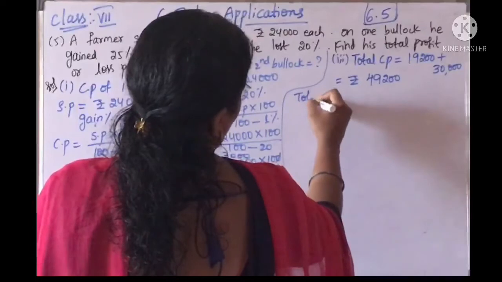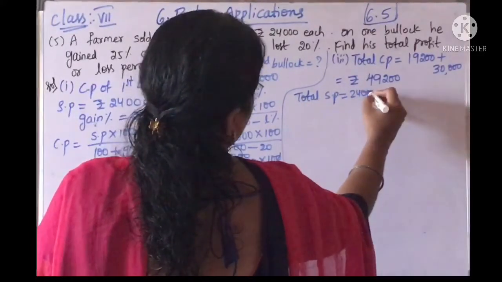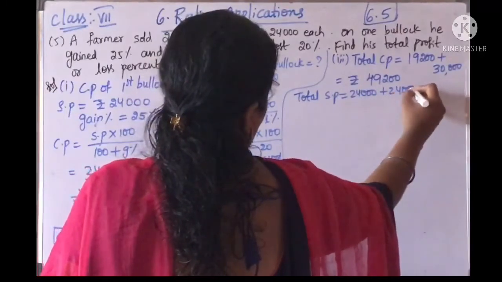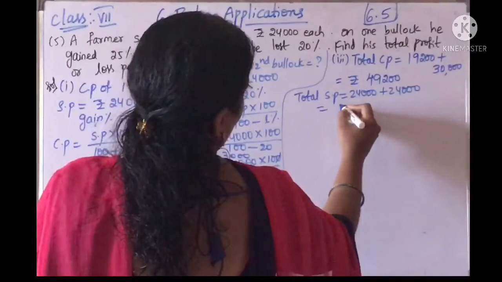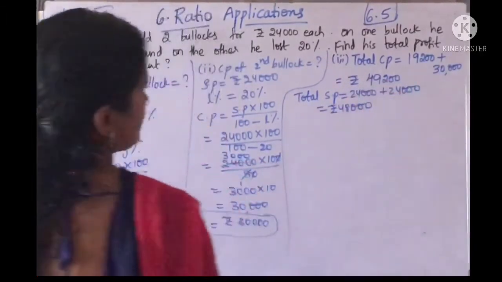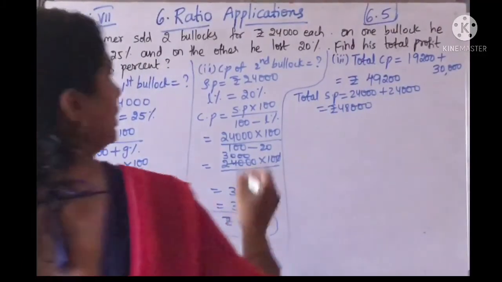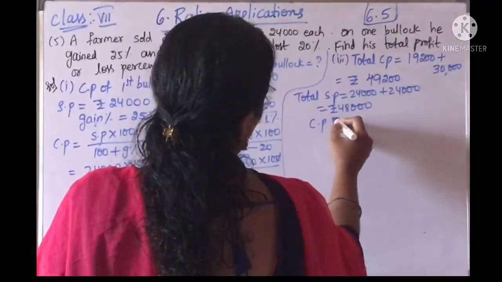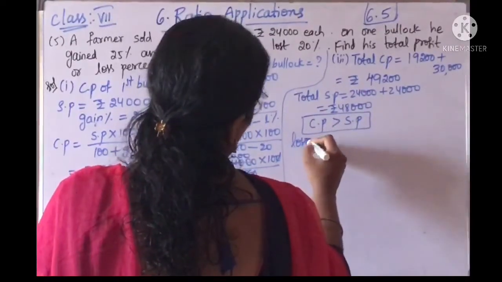And the total SP we need to find. That is 24,000 plus 24,000, because each bullock's SP is 24,000. So you will get 48,000. So you got the total CP as 49,200 and total SP as 48,000. If you observe here, CP is greater than SP. If CP is greater than SP, then it is a loss.